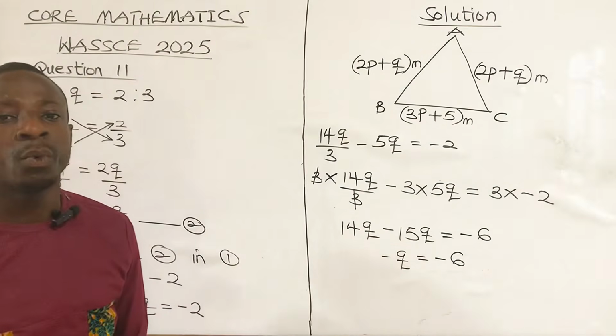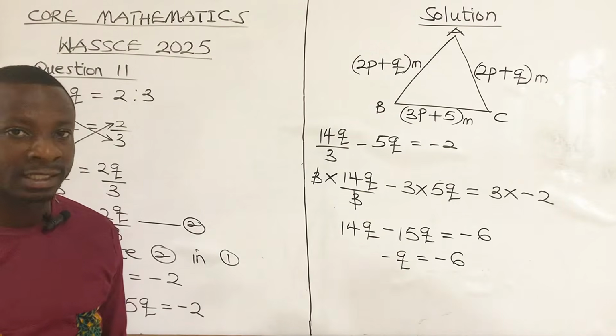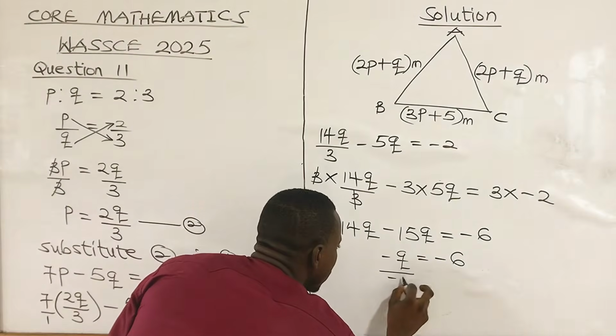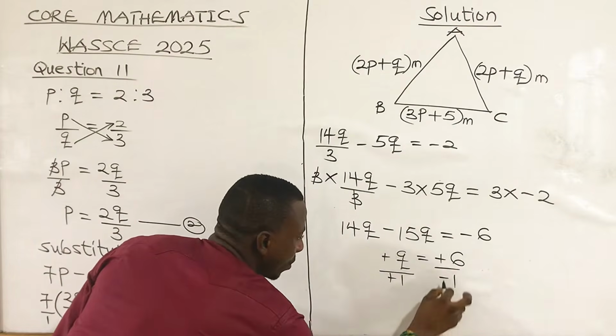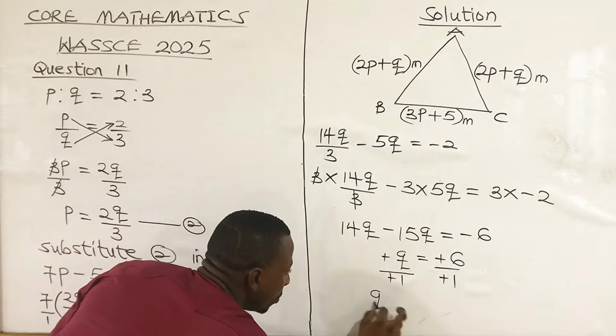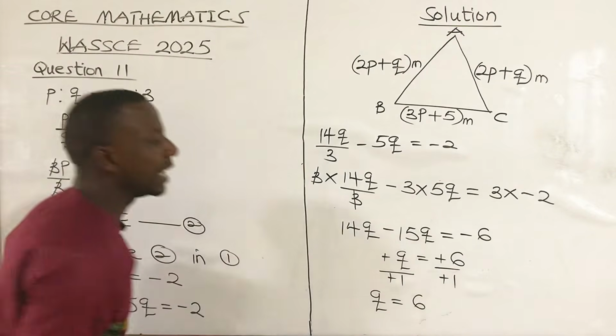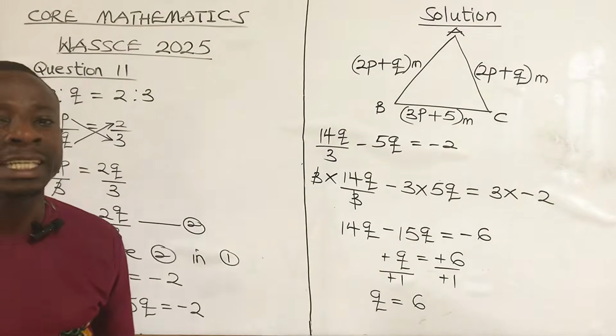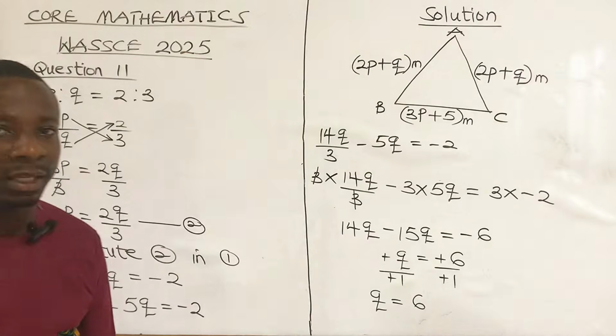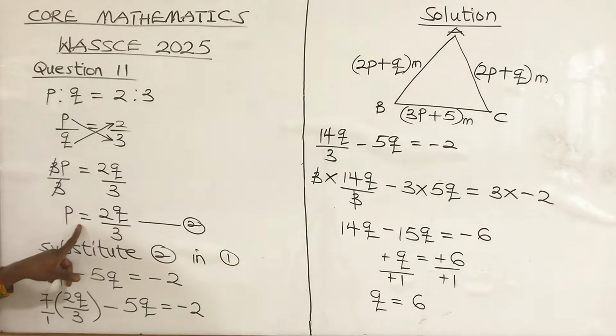When you get here, we divide through by negative 1. So negative 1 here, negative 1 here. This takes off this, and I have q equal to positive 6. Since q is positive 6, I can easily get the value of p, because from equation 2, p is equal to 2q over 3.